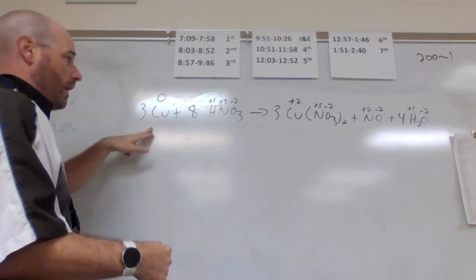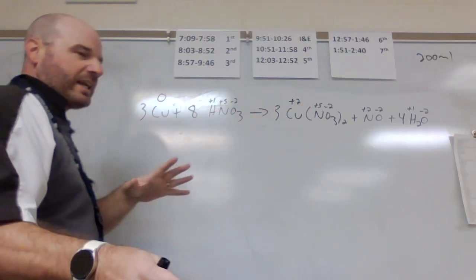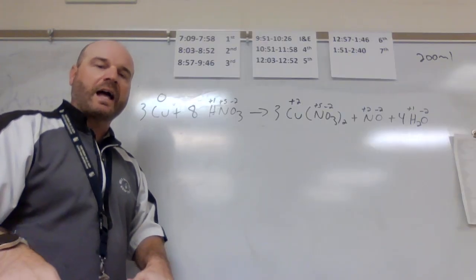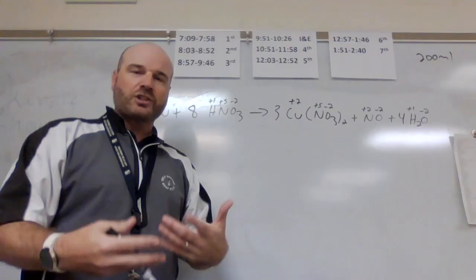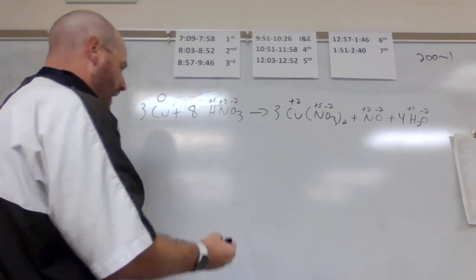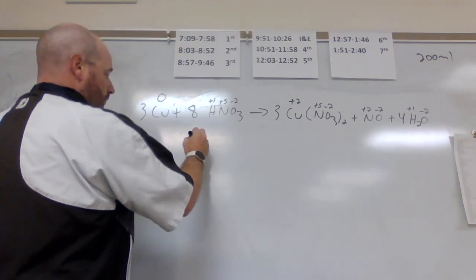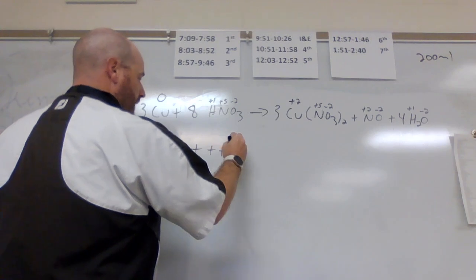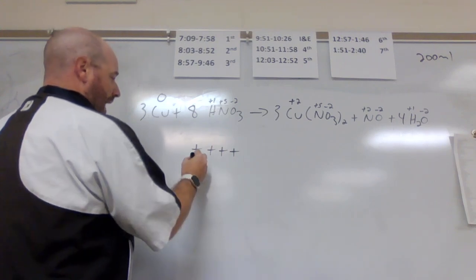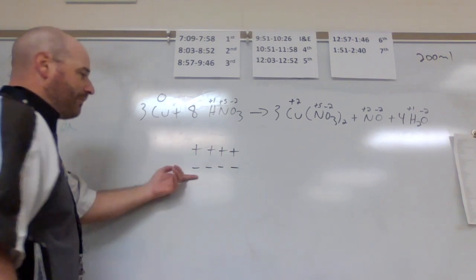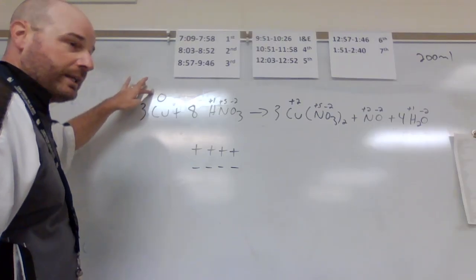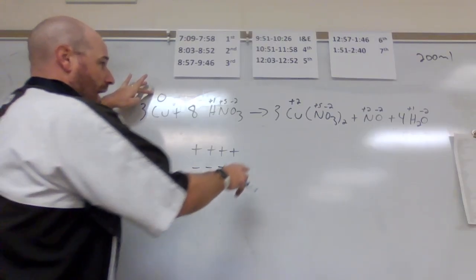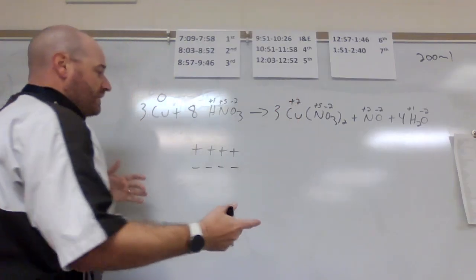It has lost electrons. And so just like I was saying the other day, and I used this example in class, and I'll do it again. Remember, charges come from the interaction between protons and electrons. If I have 1, 2, 3, 4 protons, and I have 4 electrons, then I have no charge. Okay, I'm neutral, like this right here. Well, if I go to a +2 charge, what does that mean?